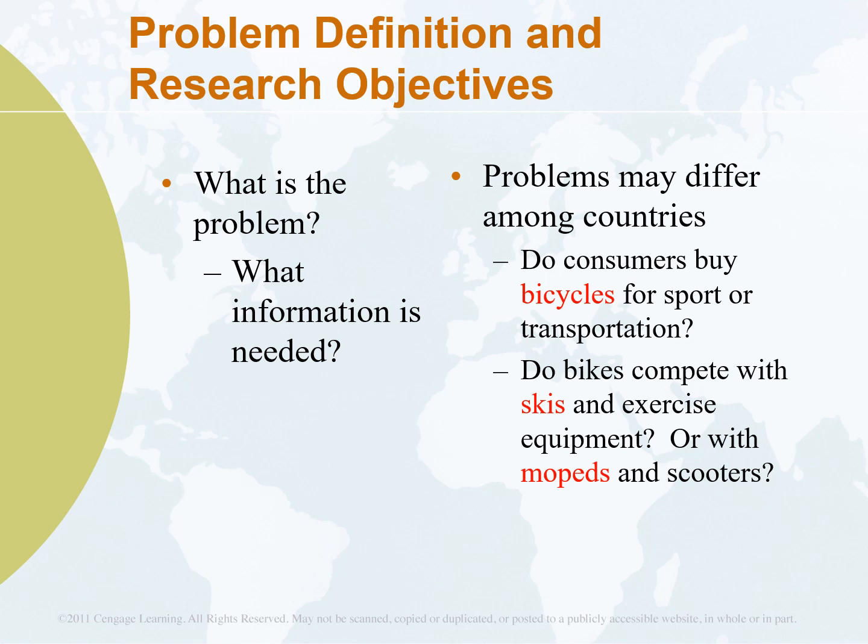From that, your next question is, do bikes compete with skis and exercise equipment, if it is for sport, or with mopeds and scooters, if it is for transportation? Okay, so you need to identify the problem.